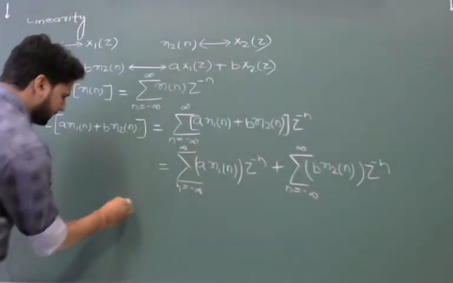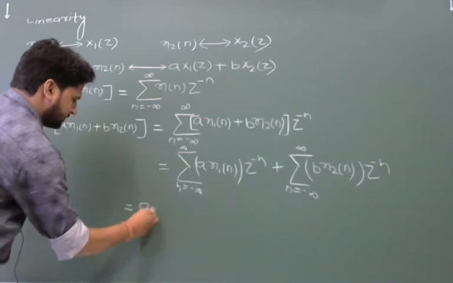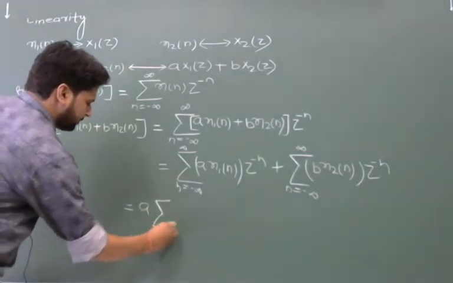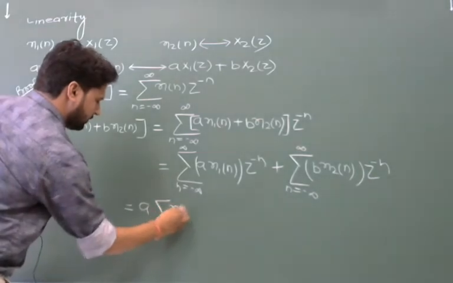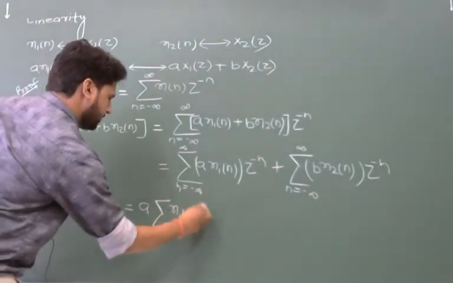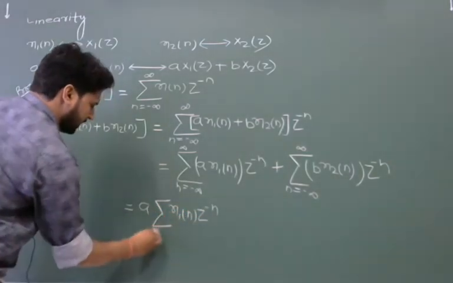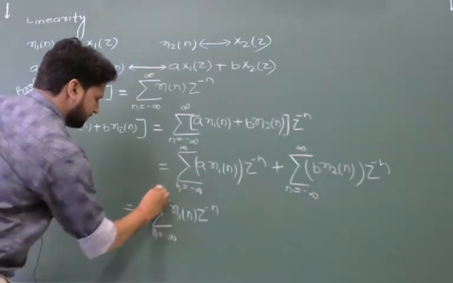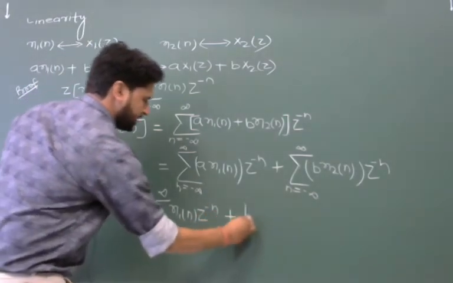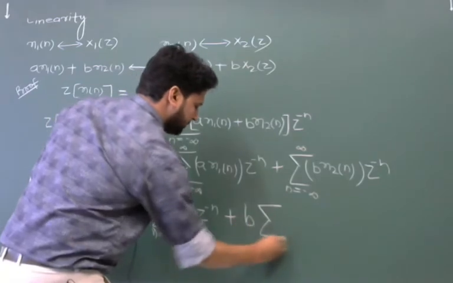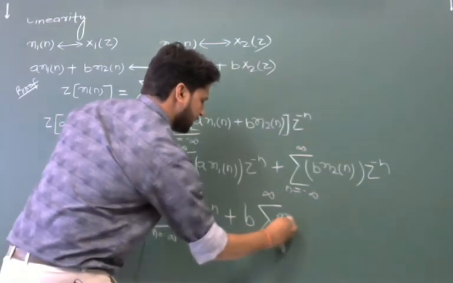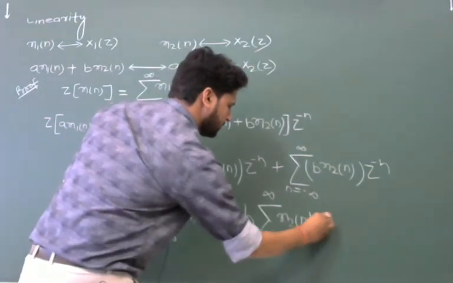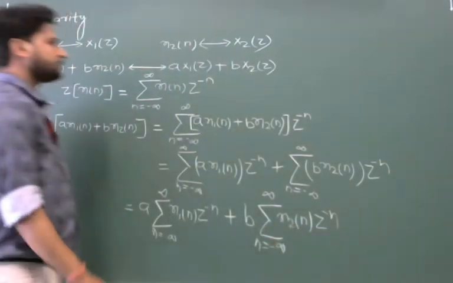So this will become a times sigma x1 of n into z power minus n, where n is from minus infinity to plus infinity, plus b times sigma x2 of n into z power minus n.